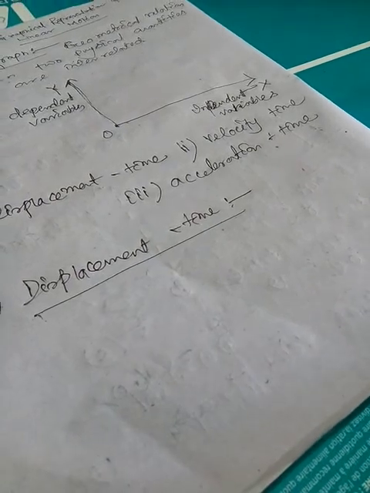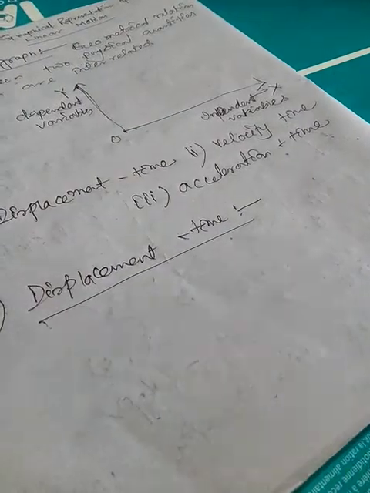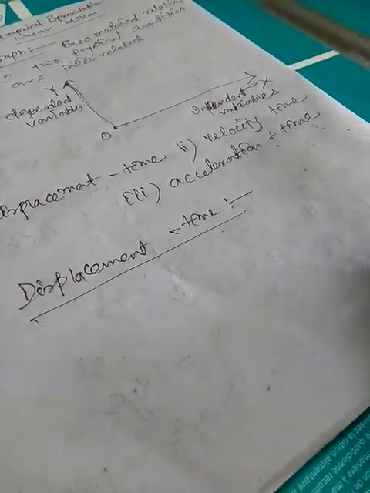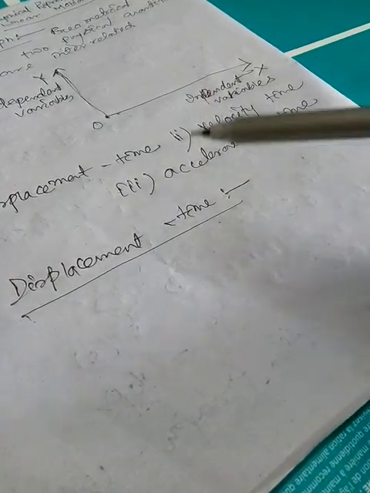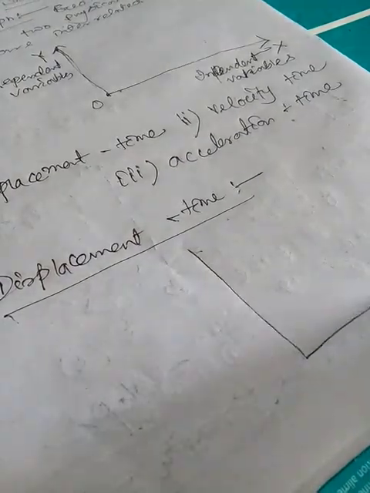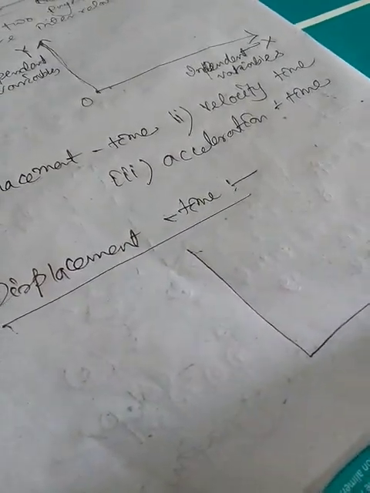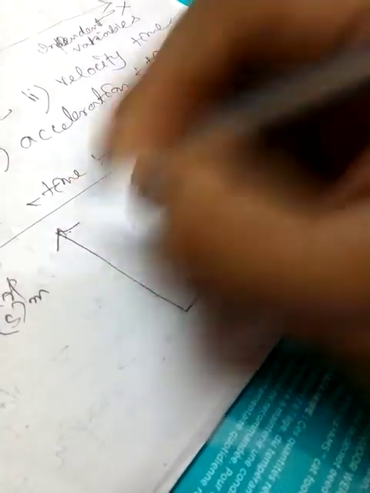Time we take along the x-axis because it is the independent variable, as time doesn't depend on anything, and displacement depends on time, so we take it along the y-axis. Time is taken in seconds, and displacement in meters.